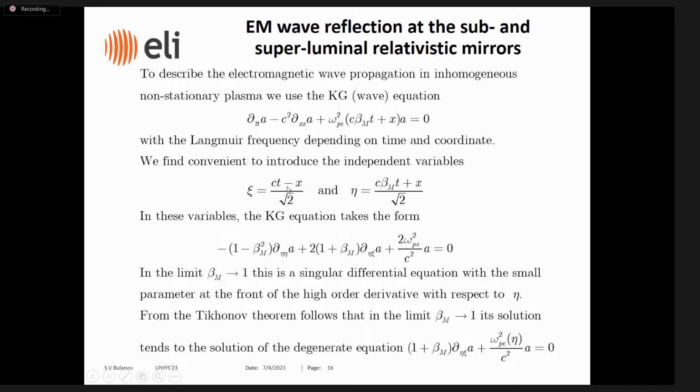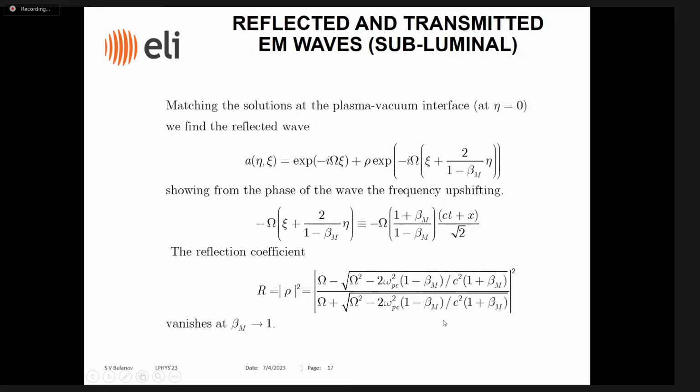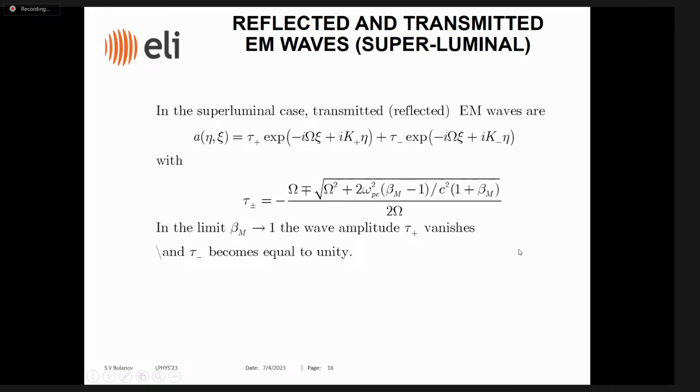We change to such coordinates psi and eta, and the wave equation becomes of such a form with a small parameter in front of higher derivatives with respect to eta. Then we can calculate the reflection coefficient for the subluminal mirror using these equations, just matching the solution of the equations at the plasma vacuum interface. And we see that the reflection coefficient really tends to 0 when beta tends to unity, when it approaches the speed of light.